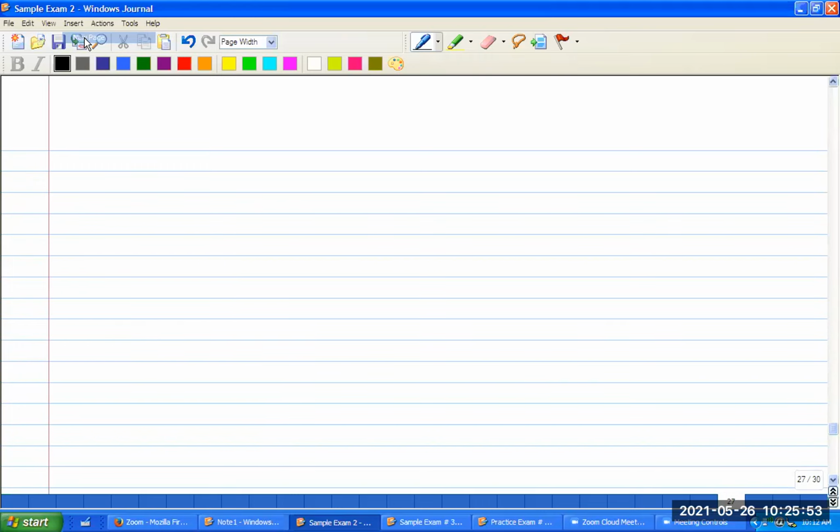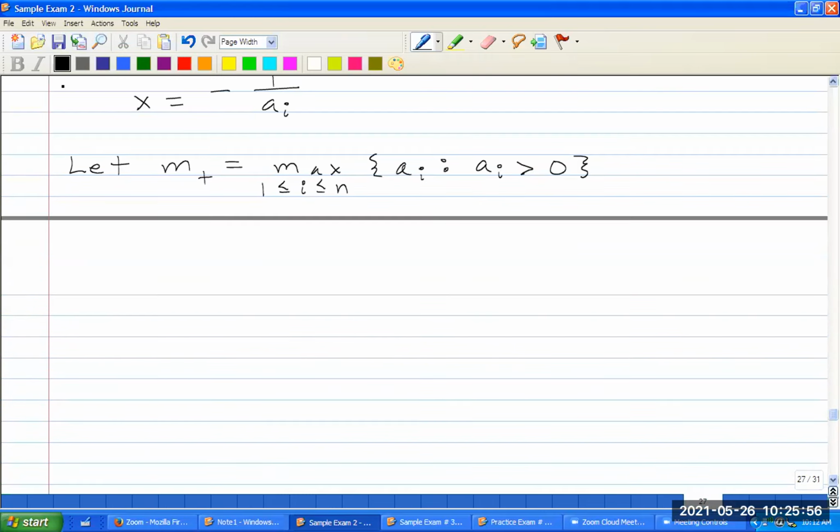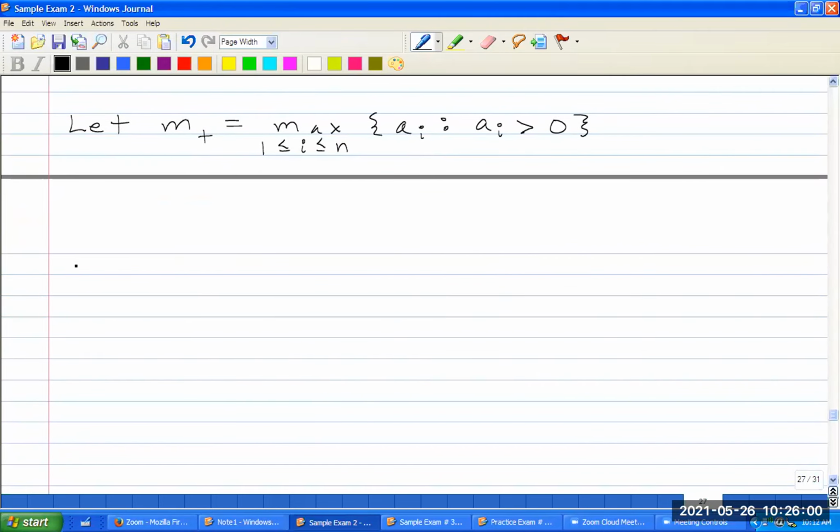Let me do another page so I can write this down. And let m minus be the maximum, from 1 to n, of the absolute value of a sub i if a sub i is less than 0.